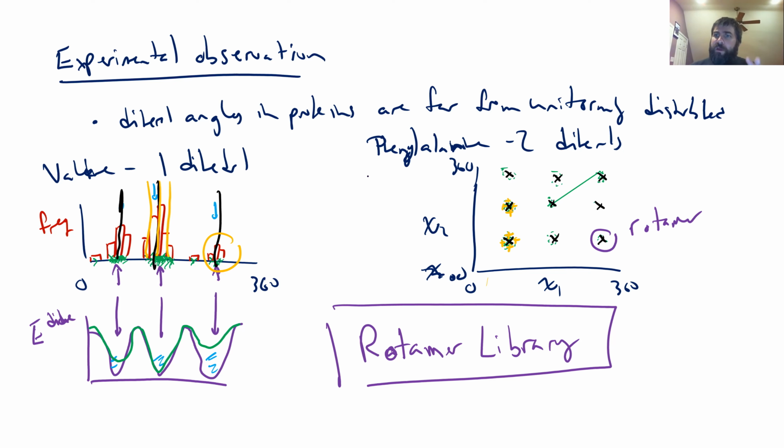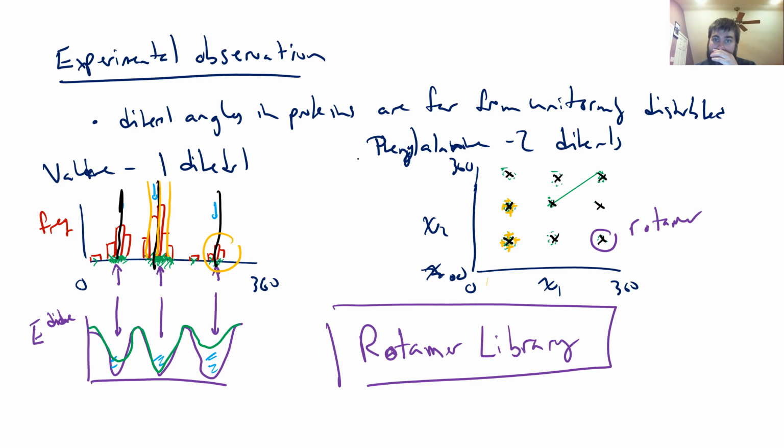Now, this is an approximation. It limits what we can find. We're trying to do a search over conformational space, and in providing this discretization, we are throwing out some possible solutions. For prediction, if we were trying to predict a protein structure, this might not be okay.